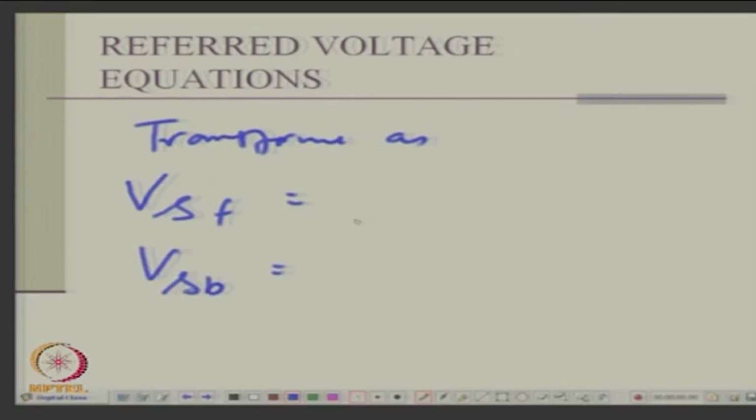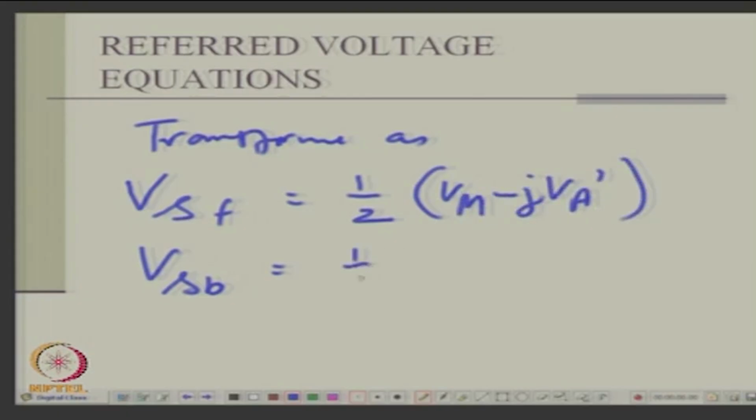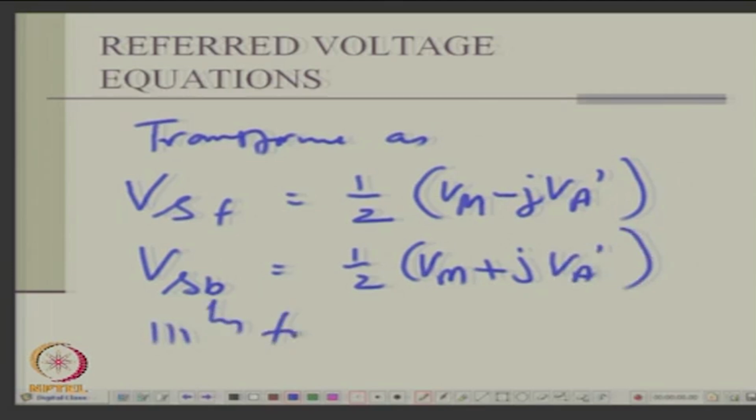We have done that earlier. We said VSF is half of Vm minus j Va dash, and VSB will be half of Vm plus j Va dash. And similarly for ISF, ISB.